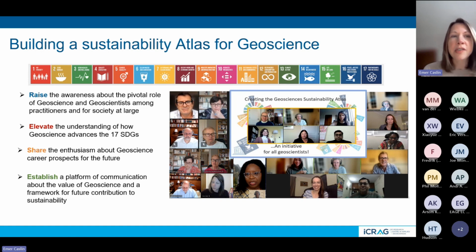We want to elevate the understanding of how geoscience advances each of the 17 SDGs, share the enthusiasm about geoscience career prospects for the future, being cognizant of the concerns that we have for the pipeline, both in industry and academia, etc. And establish a platform of communication about the value of geoscience and a framework for future contribution to sustainability.